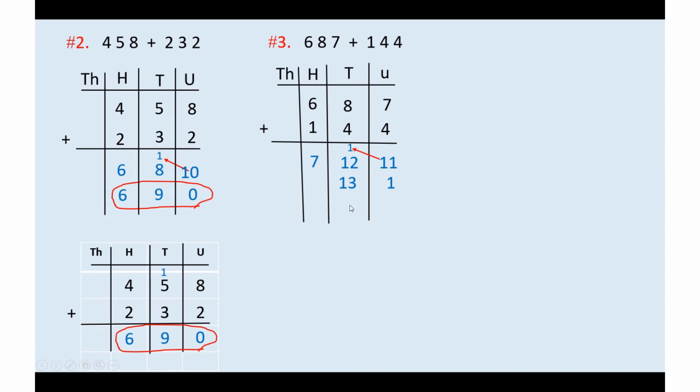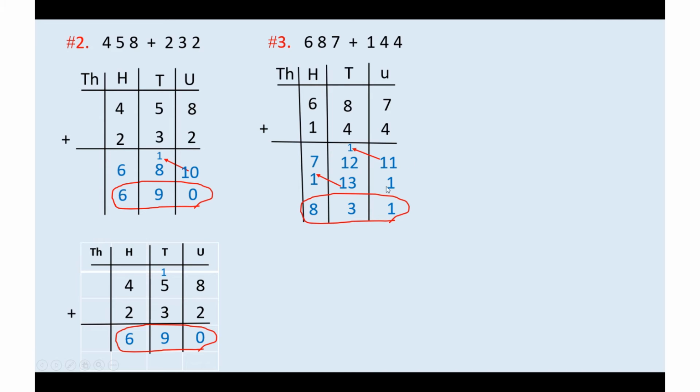So we bring down this 3, we keep 3, and we carry this 1 to the hundreds column. It's 100 to the 100 column. And so we have 7 plus 1, which is 8. So our answer is 831.